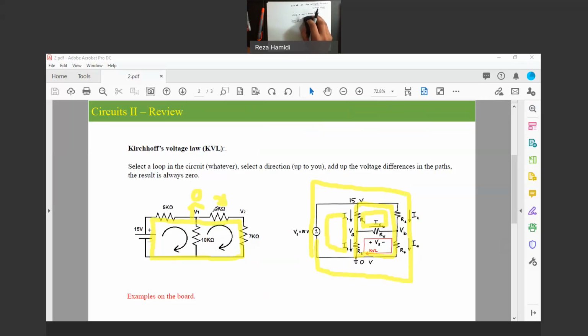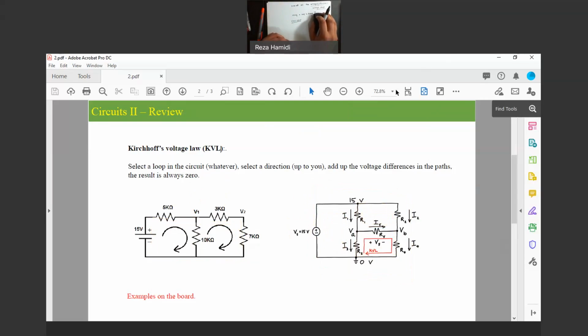So that means this guy is gonna add up all of the voltages he sees along this loop. Or here, this guy goes counterclockwise. In counterclockwise, this is 15, then the voltage across this one, that one gets back to the first place. So the voltage of those three is going to be zero. Let me solve some examples of that.